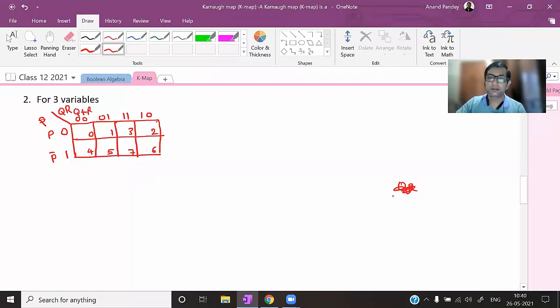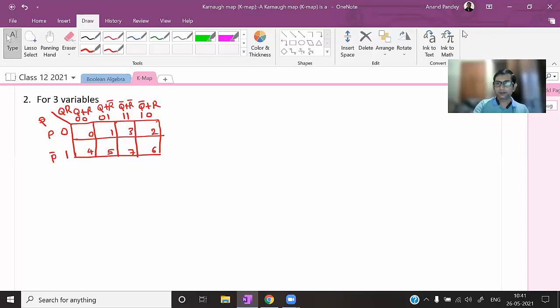Now here we have to use the plus symbol, q plus r, and we put bar for 1. So q plus r bar, now q bar plus r bar, and q bar plus r. This is the second difference. Instead of dot, here we use plus, and we put bar for 1. Hope it is clear.